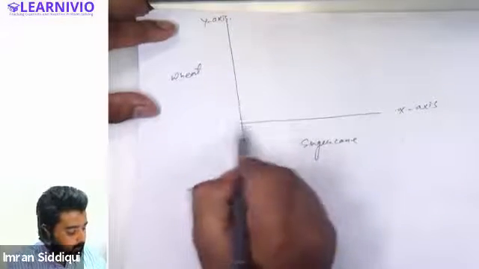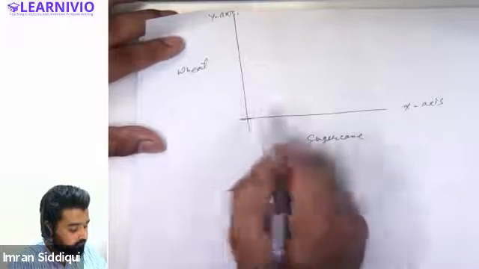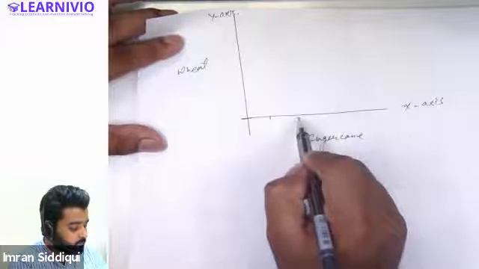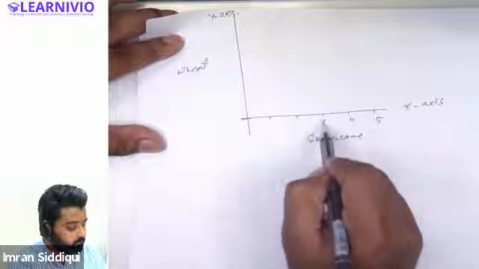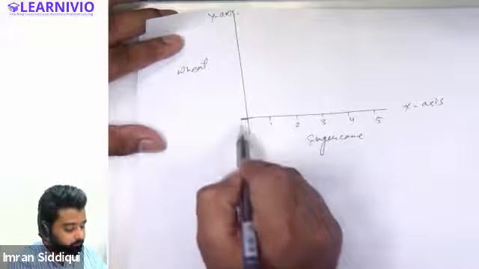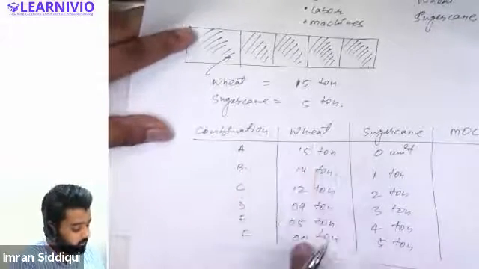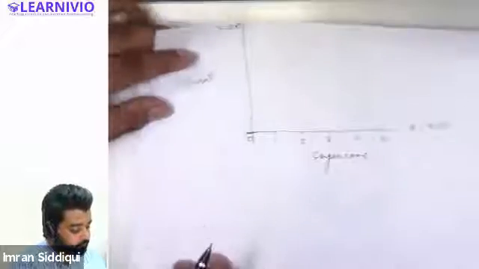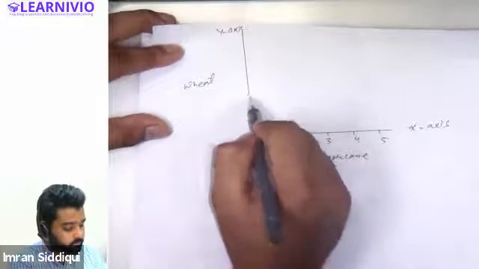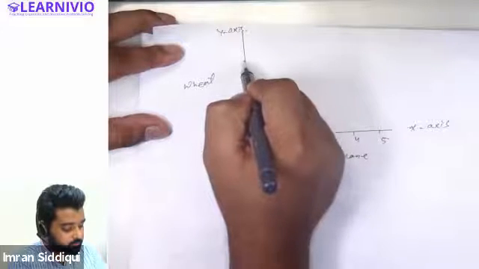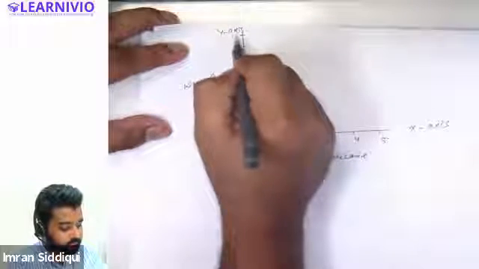The maximum value of sugarcane is 5 tons starting from 0. So we can plot the various values 0, 1, 2, 3, 4, and 5. And wheat is going up to 15 units, starting from 0. So we can take a difference of 2: 2, 4, 6, 8, 10, 12, 14, and 16.